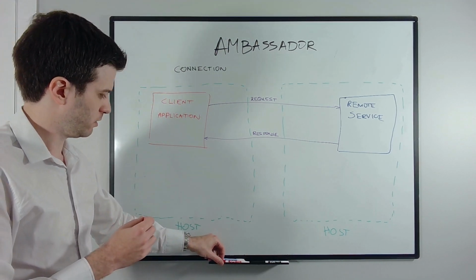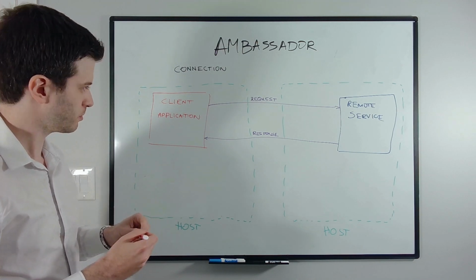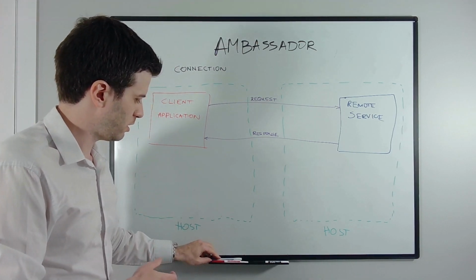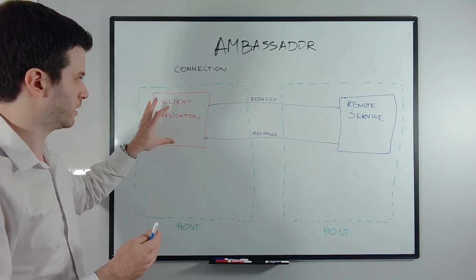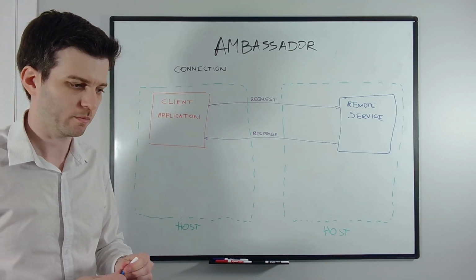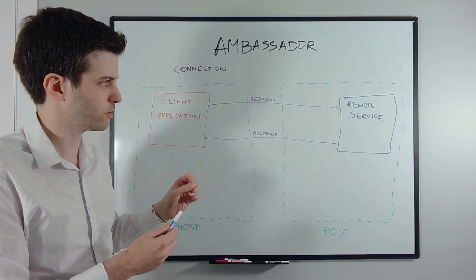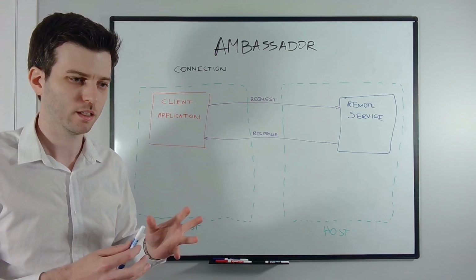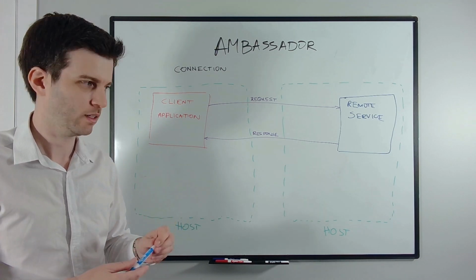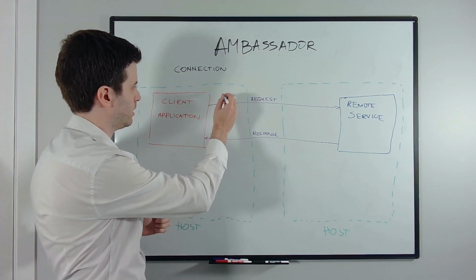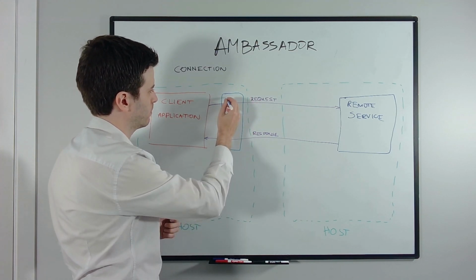The ambassador is a pattern that is used to implement connectivity components on behalf of the client application. If for any reason we want to have our connectivity functionalities implemented in a supporting service or proxy service, we would implement them in what we call an ambassador.